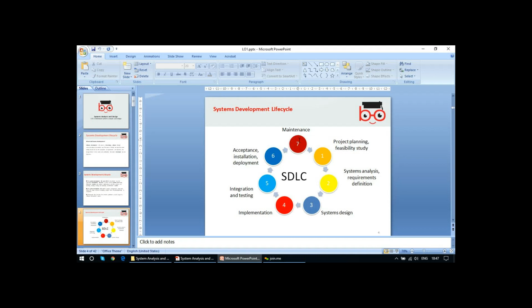And maintenance. So here are more words given, like feasibility, requirement analysis, integration, deployment. But overall, you have requirements, you create a design, you implement it.